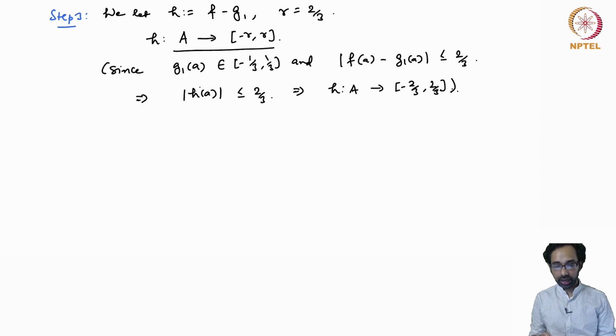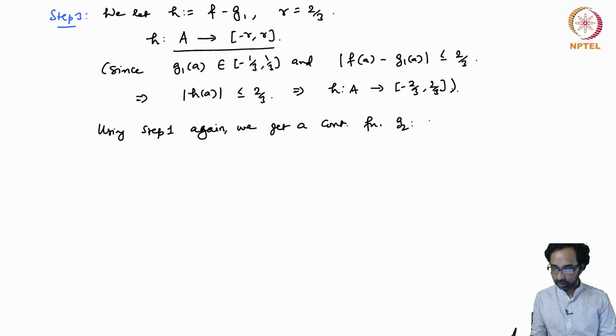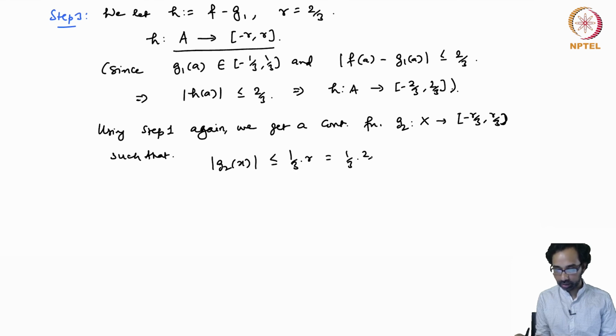So we have this function h now, and then again using step 1, we get a continuous function g2 from X to minus r by 3 to r by 3, such that we have modulus of g2 x is less than or equal to 1 by 3 times r, which is 1 by 3 times 2 by 3, and the modulus of h a minus g2 a is less than or equal to 2 by 3 times r, which is equal to 2 by 3 whole squared.